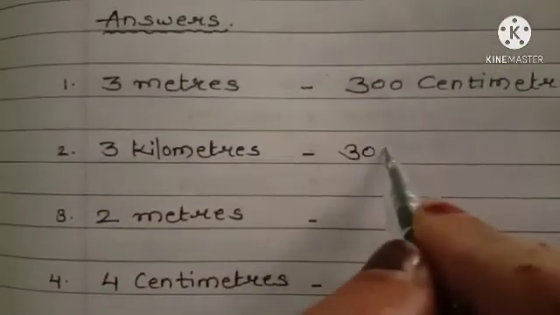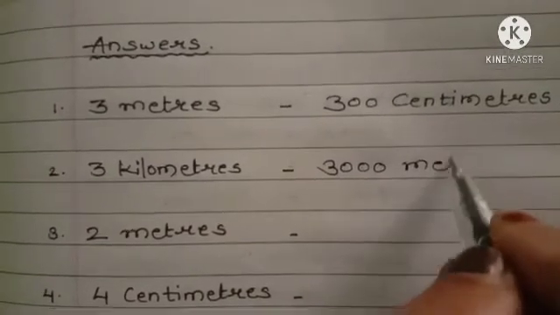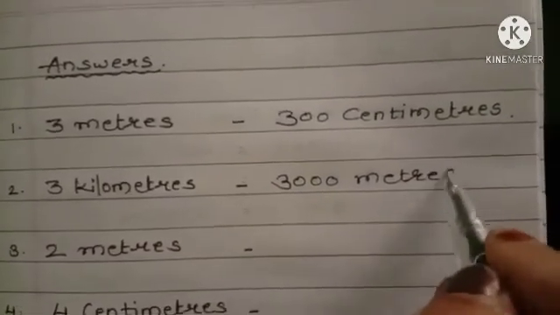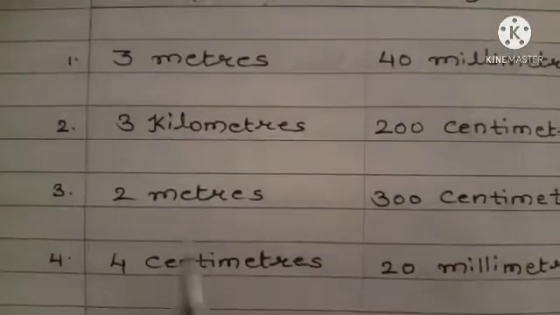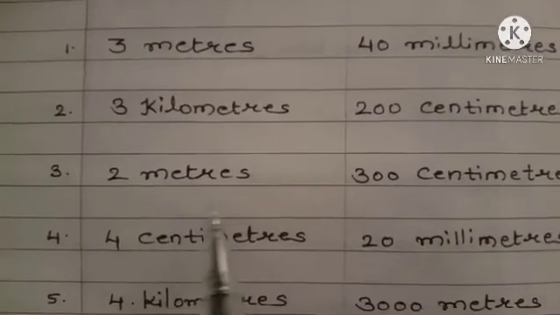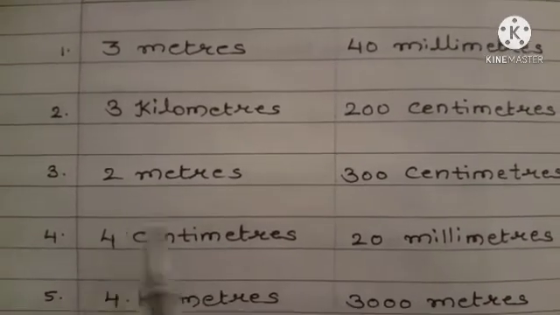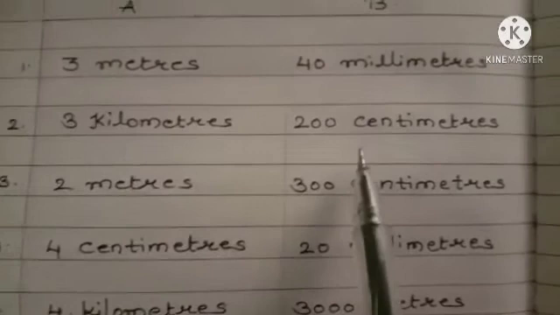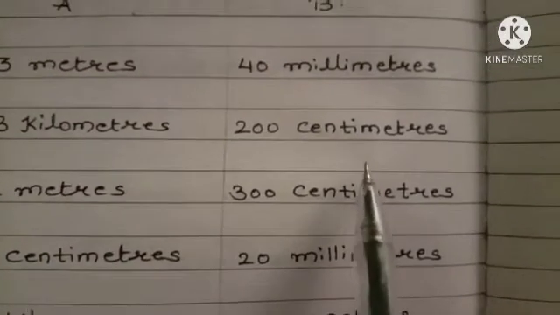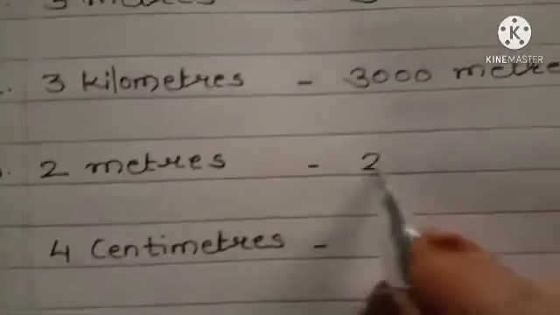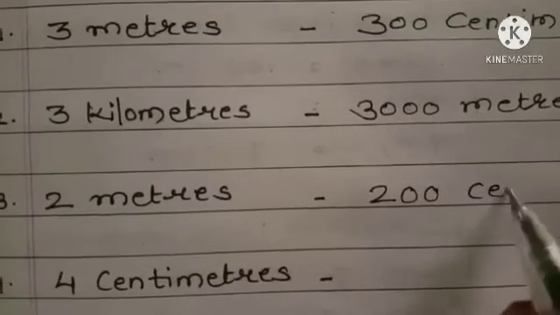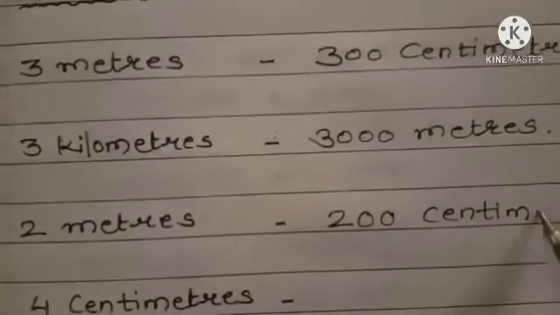So in second we will write 3000 meters. Third question is given 2 meters. 2 meters means 1 meter is equal to 100 centimeters. So 2 meters is equal to 200 centimeters. So we'll write here answer as 200 centimeters.